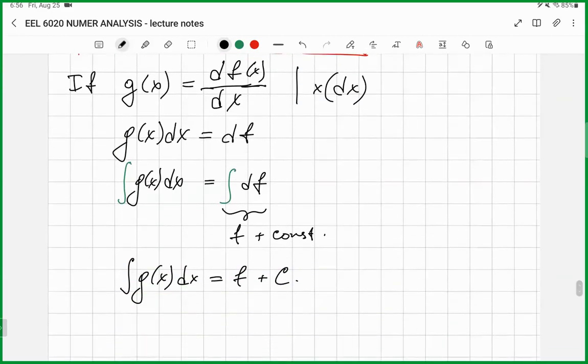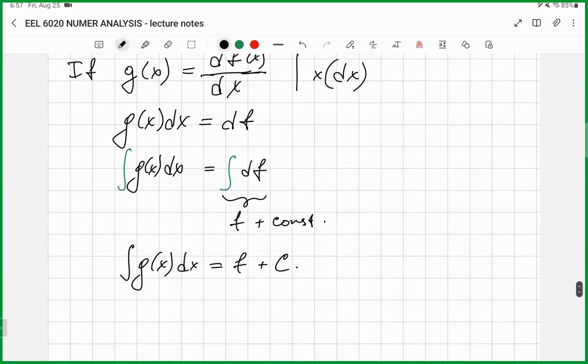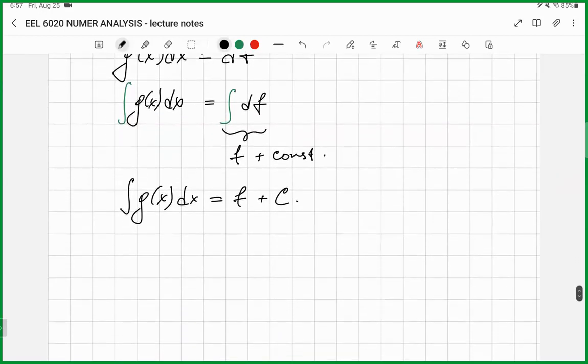In this sense, the integral is considered to be the opposite operation to differentiation.